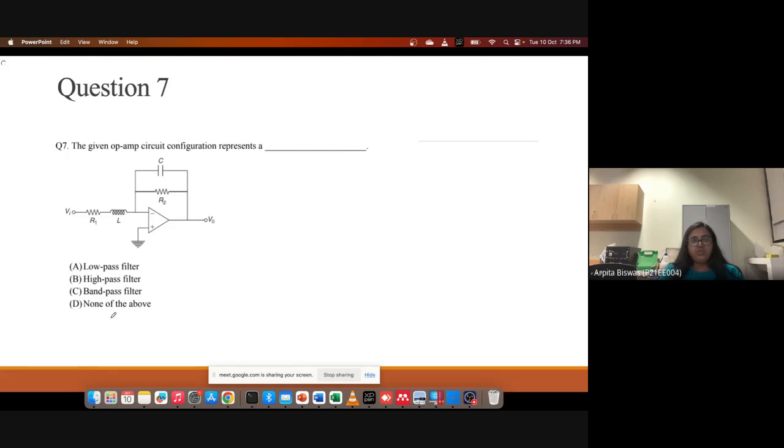So the given op-amp circuit configuration represents a. The first option is low pass filter. The second option is high pass filter. Third option is the band pass filter, and fourth option is none of the above. So what is the right answer?